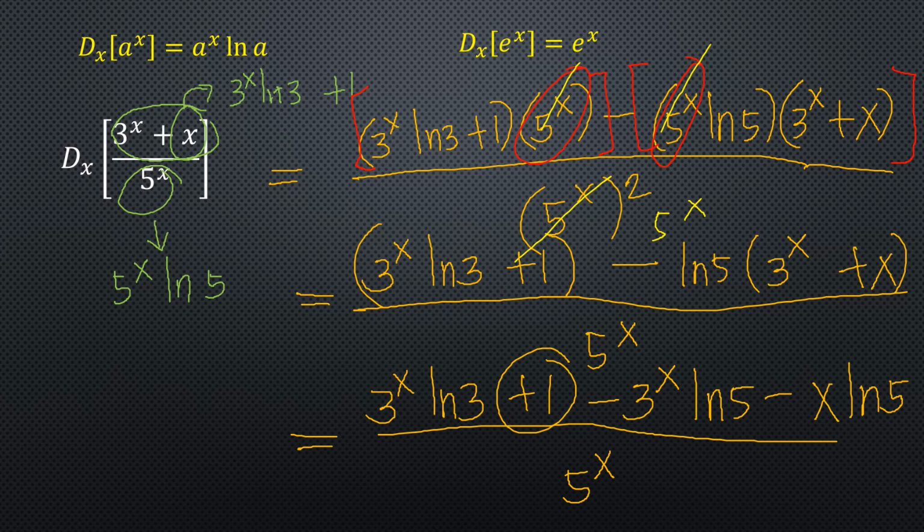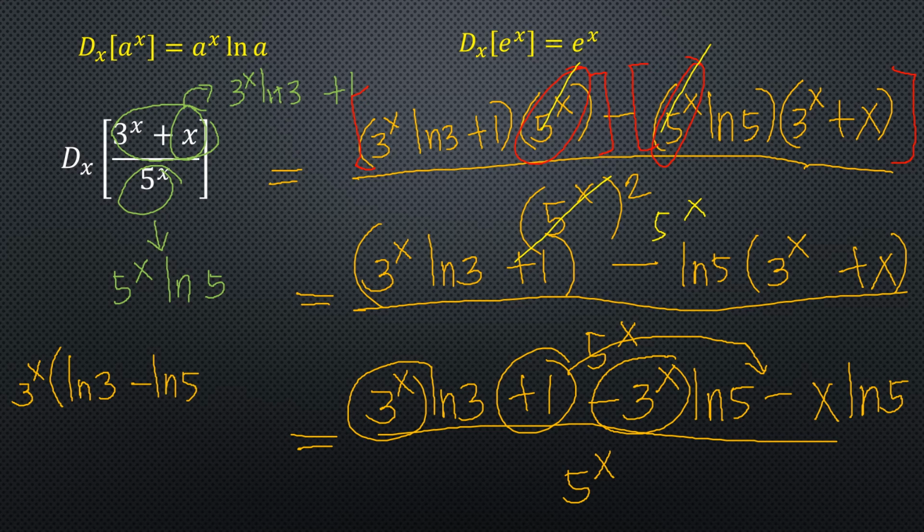So here we can bring out 1 and combine this with the same 3 raised to x. So we have 3 raised to x times ln of 3 minus ln of 5 plus 1 minus x ln of 5 over 5 raised to x.